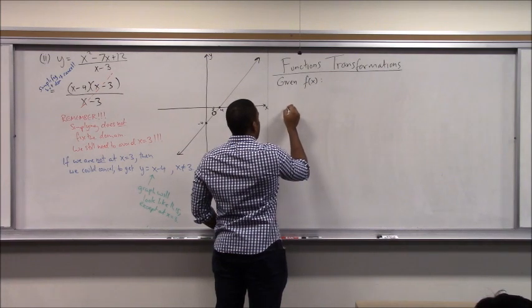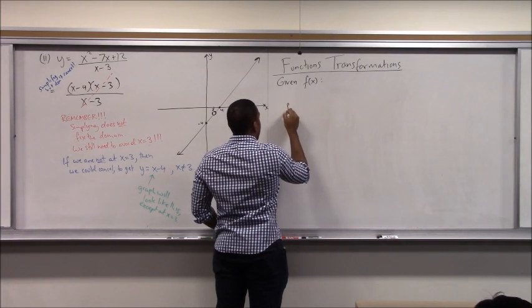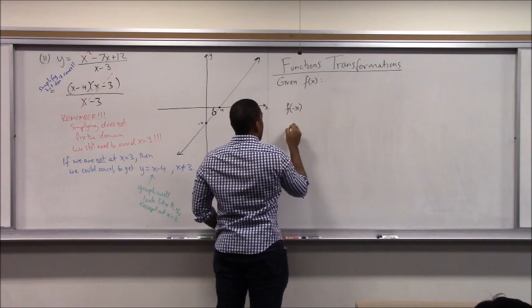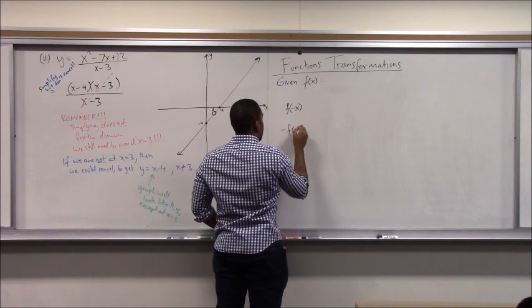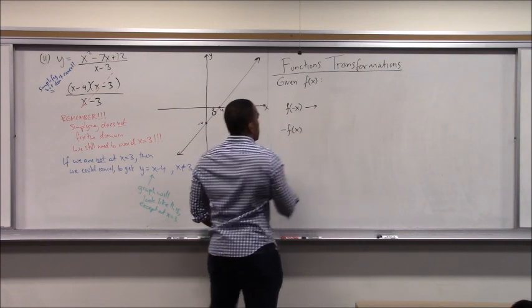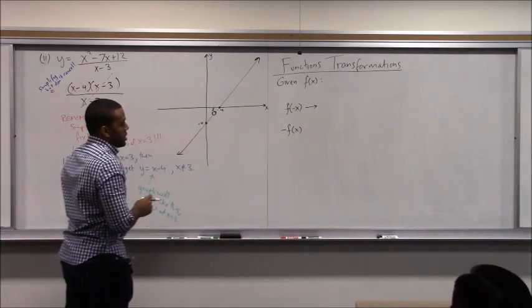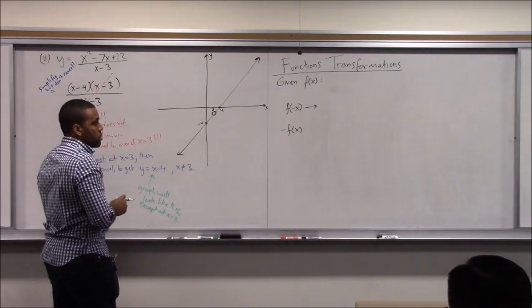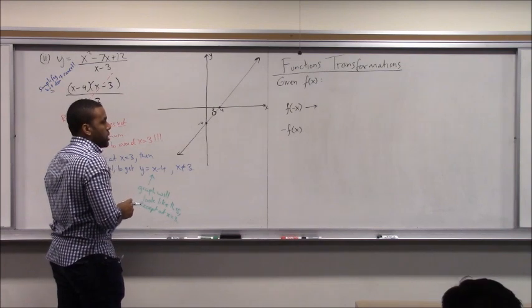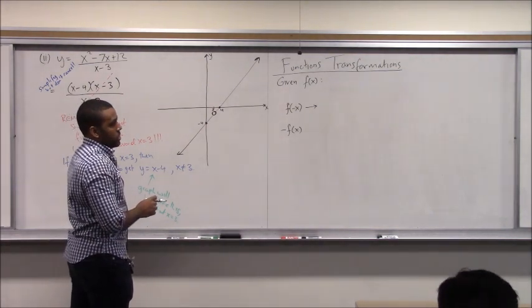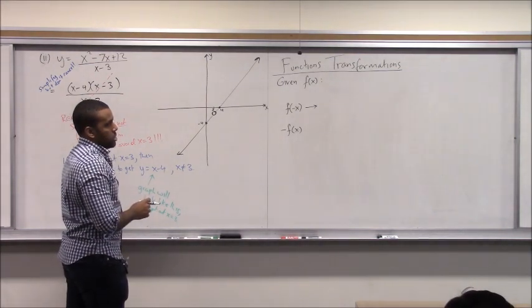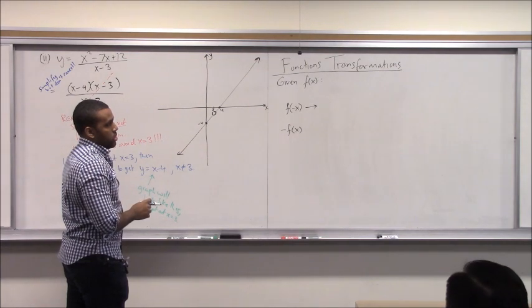So I could do f of minus x versus minus f of x. What does this do? If I replace all x's with negatives, what does it do? Changes how? Be specific. Horizontal movement. It does what?